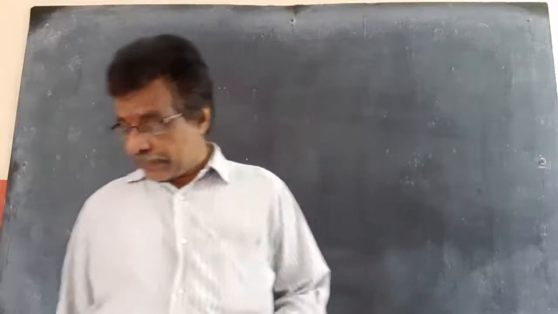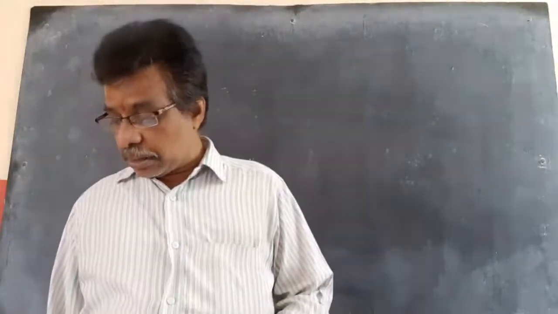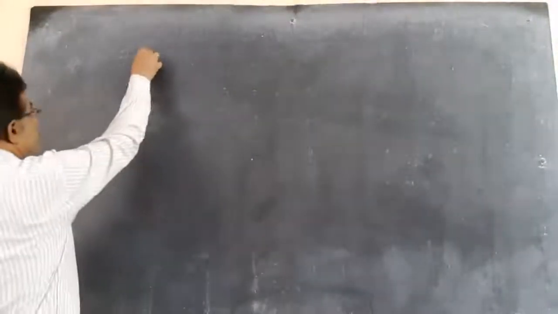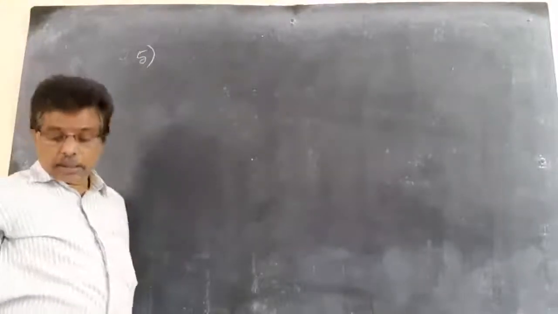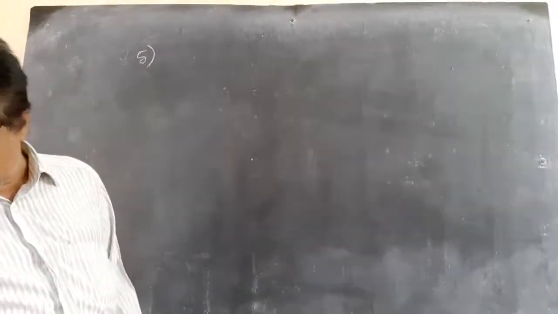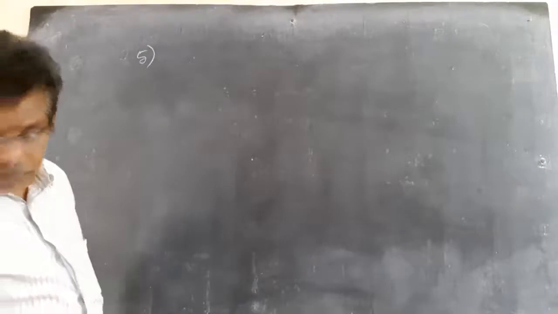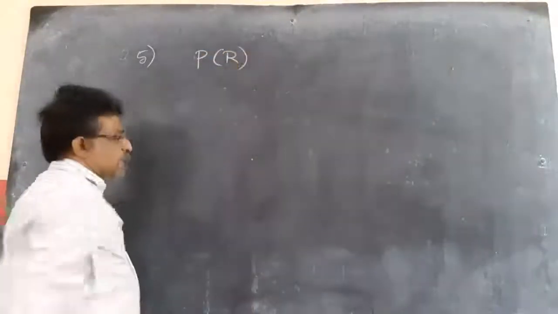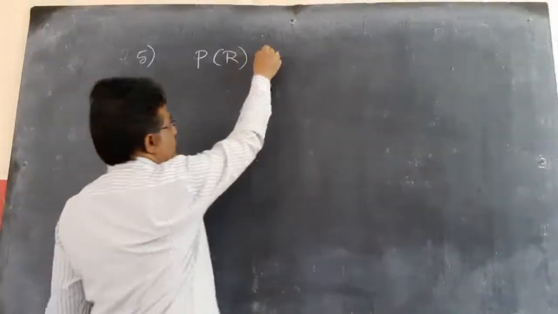Till yesterday we finished till the fourth sum. So we'll do the fifth sum. The probability of a contractor to get a road contract is 2 by 3. Taking road contract as R, P of R equal to 2 by 3.